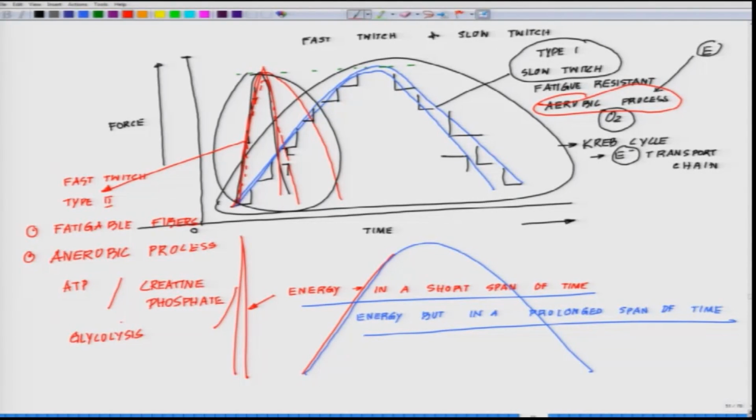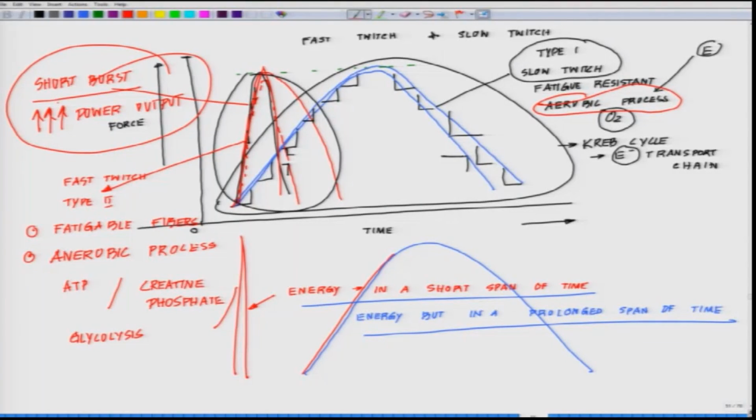So, these are adapted for short bursts and very, very high power output.